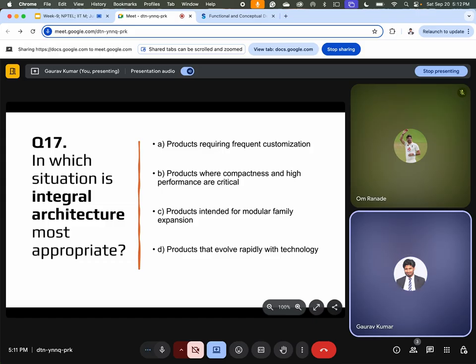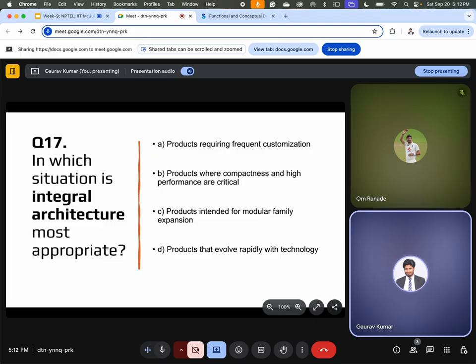In these contexts, optimization outweighs the need for adaptability, making integral architecture the superior choice. Customization, modular family expansion, and adapting to rapid technology changes are better served by a modular architecture.